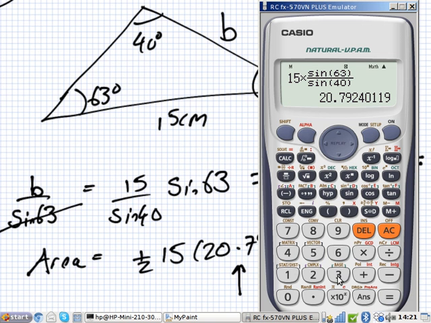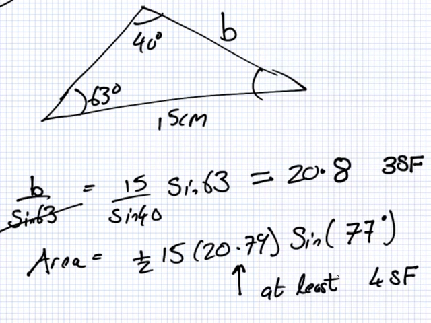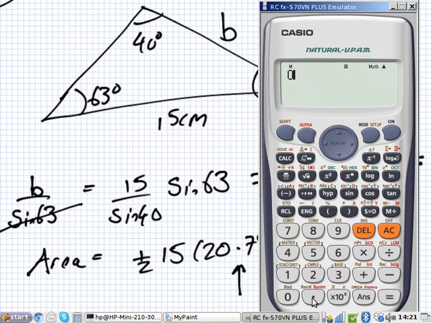I still have this on my calculator when I get to the next part, which is the area, because the next part is a half AB sine 77. So that would be a half times 15 times what my last answer was, times sine 77.